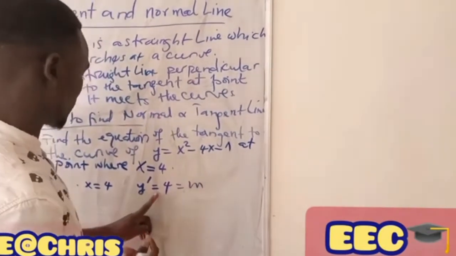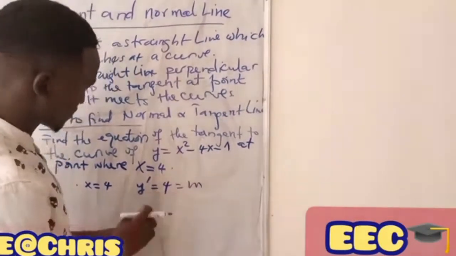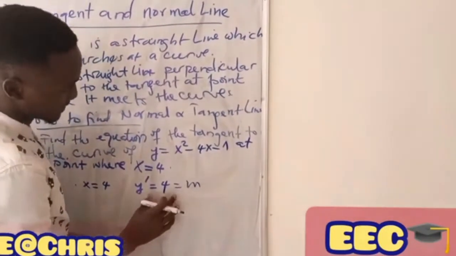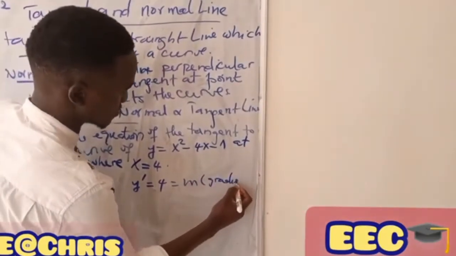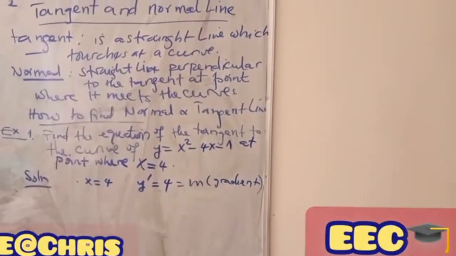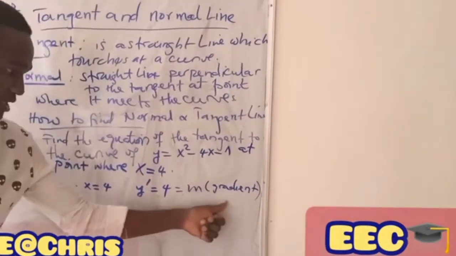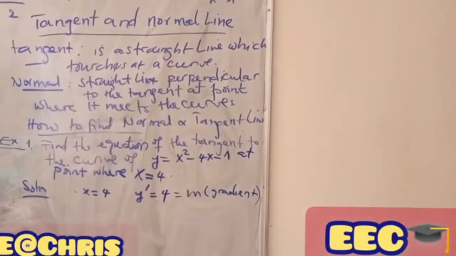The derivative of the function evaluated at x equal to 4 gives m, the gradient. These will be calculated by substituting the value of x equal to 4.